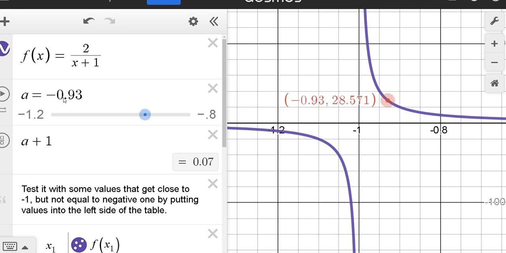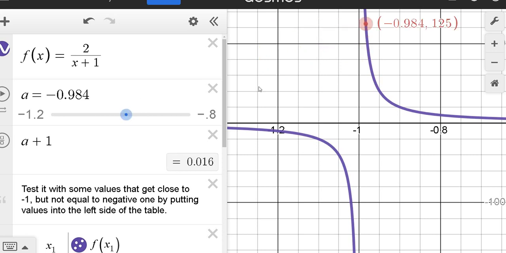So as x is negative 0.93, 1 plus negative 0.93 is 0.07, and then 0.065, etc. And so what's happening? Well, the closer I get to negative 1, what's happening to my y coordinate?